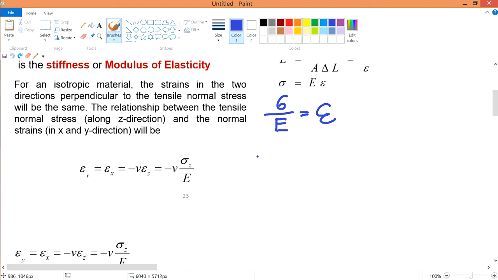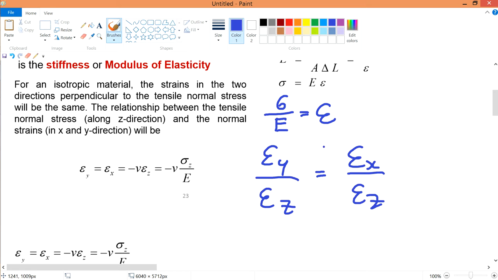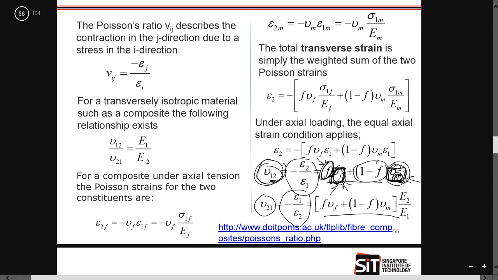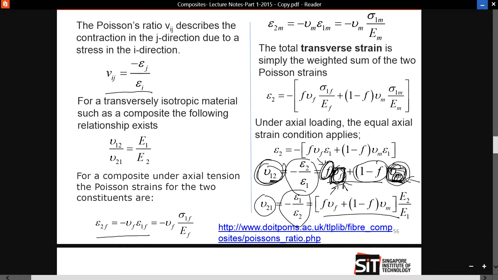So we know that there will be a strain Y over strain X, for example. If you remember, a strain in one direction divided by strain in the other direction is equal to a Poisson ratio in the 2-1 direction, I think. This definition comes from this slide, lecture note part 1, page 56, where this is your equation for the Poisson ratio, and this is the so-called method that I've been using.